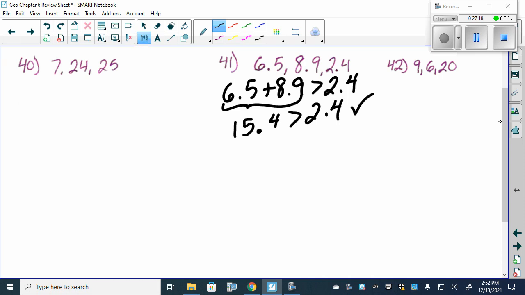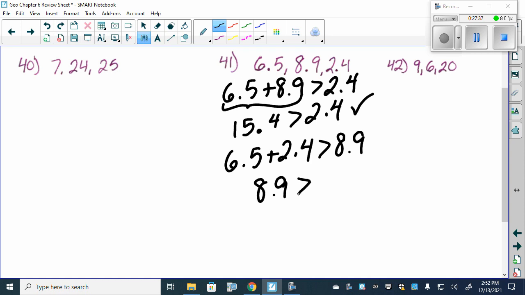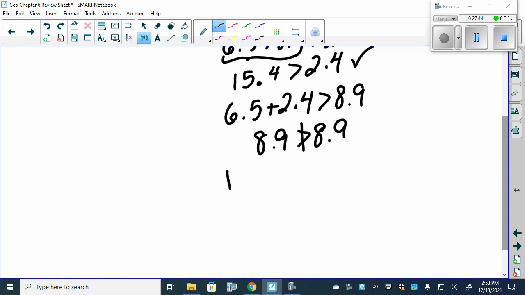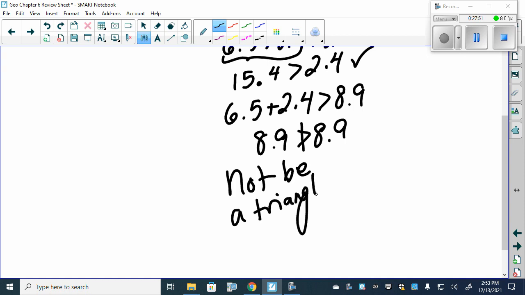Now this works for any combination, so we could say 6.5 plus 2.4 is greater than 8.9. Here, 6.5 plus 2.4 is going to be 8.9, and is 8.9 greater than 8.9? No. So this here would not be a triangle. So this is no.